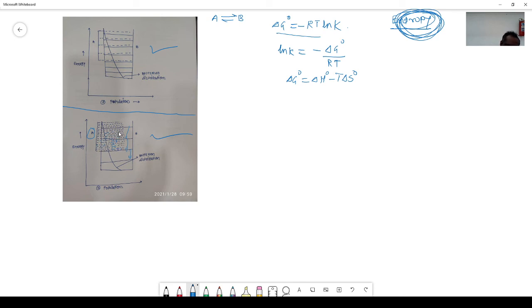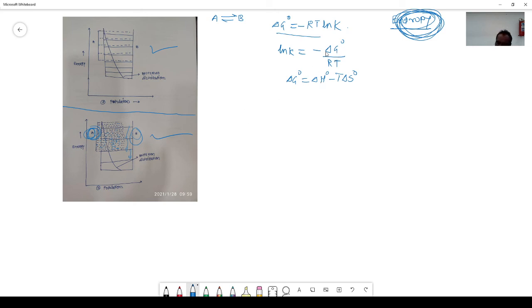The spacing between the different energy levels is very high in the case of A. Although B is lower in energy, the reaction mixture has a number of products as well as reactants, but the A energy level is very high. In that case, entropy predominates. Entropy plays the important role.